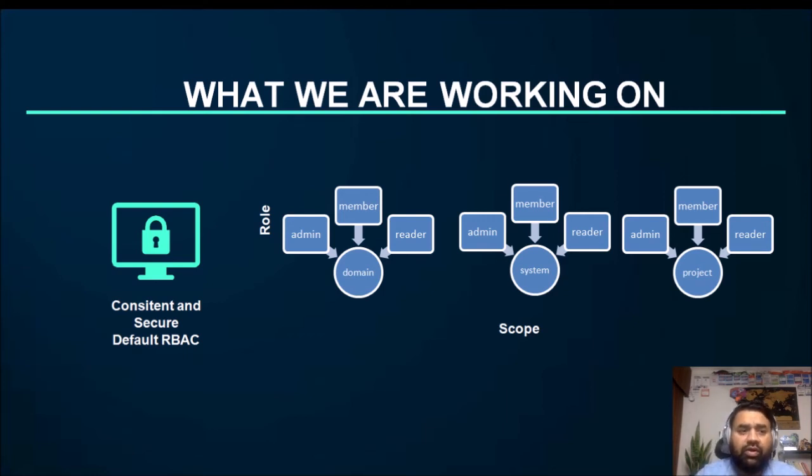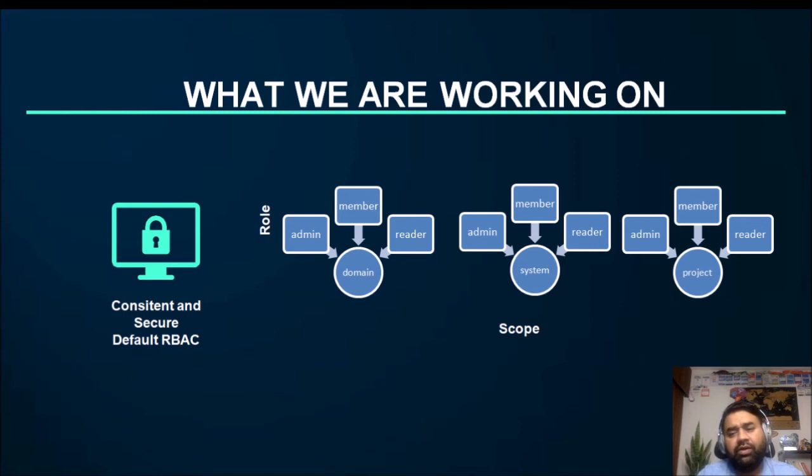The Nova hypervisor APIs are system level operations. It's not like project level things. So access to those hypervisor information APIs you can give to system scoped users, not to project scoped users. Right, so you can differentiate different APIs with different scopes.